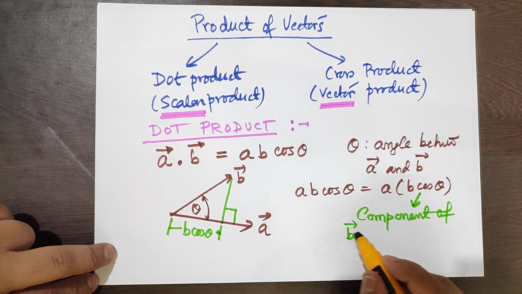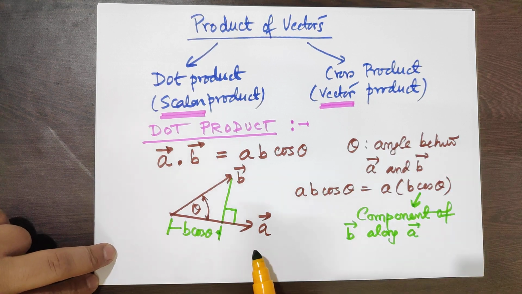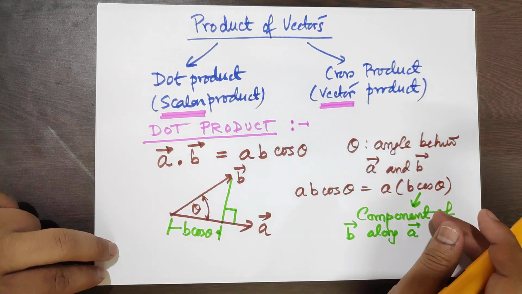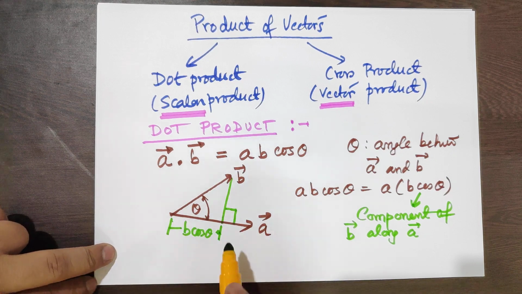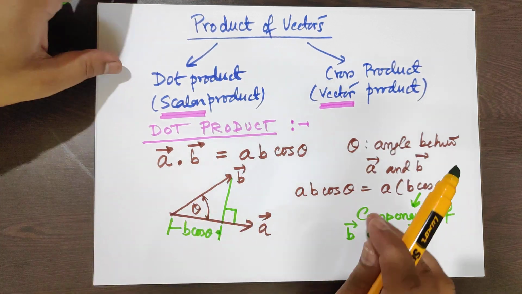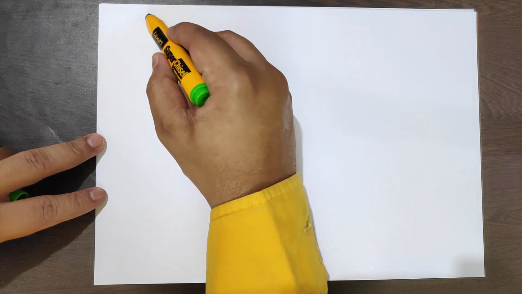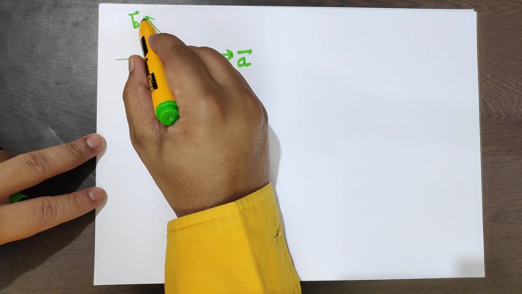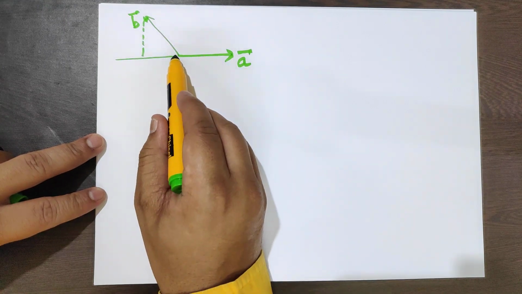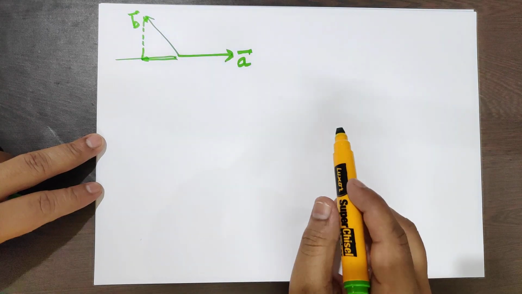The component could have been negative also if theta were an obtuse angle. Suppose this is the direction of a, and b is like this, then the component of b in the direction of a will have a negative value.